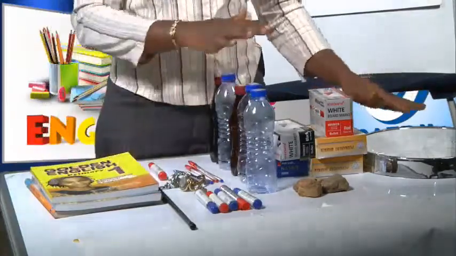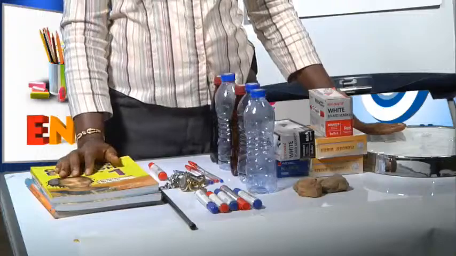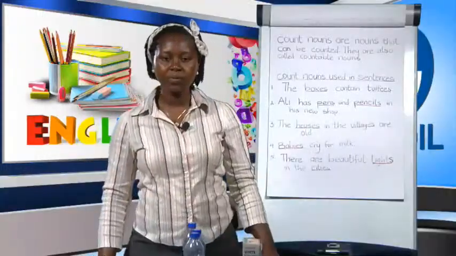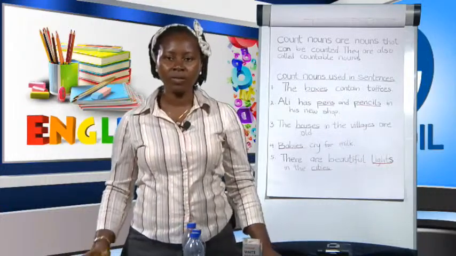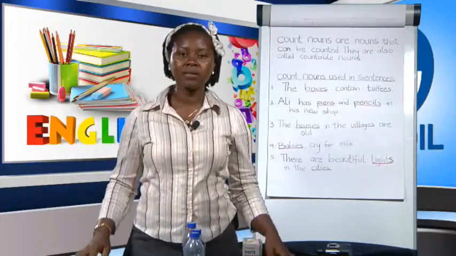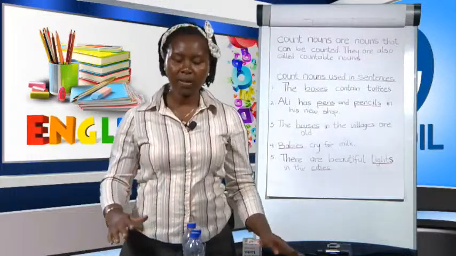So all these items here are countable nouns. Why are we calling them countable nouns or count nouns? Because they can be counted. We were able to count them.